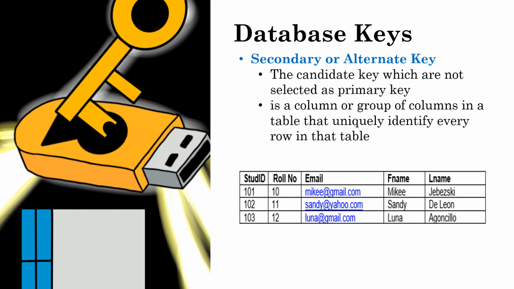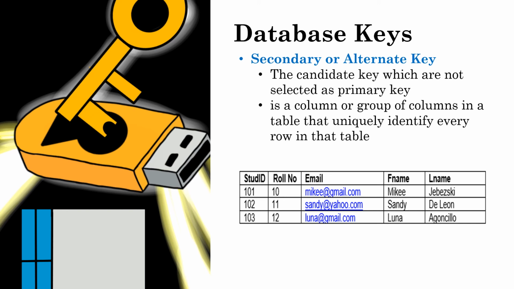The secondary or alternate key. The candidate keys which are not selected as the primary key are known as the secondary keys or alternate keys. The alternate key is a column or a group of columns in a table that uniquely identify every row in that table. So a table can have multiple choices of primary key, but only one can be set as the primary key. All the keys which are not the primary key can be called alternate keys.